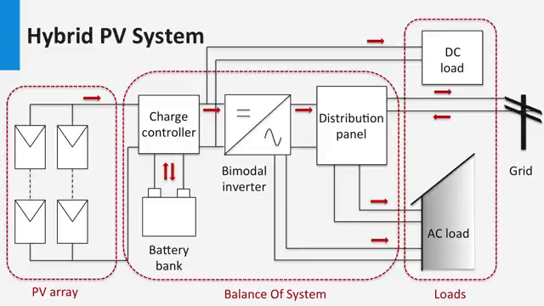In the standalone mode, the grid is disconnected and the system might cater to some special backup loads, with the inverter behaving as an AC voltage source. In the grid-connected mode, the inverter behaves as an AC current source. These bimodal inverters are usually more expensive and are used less often.